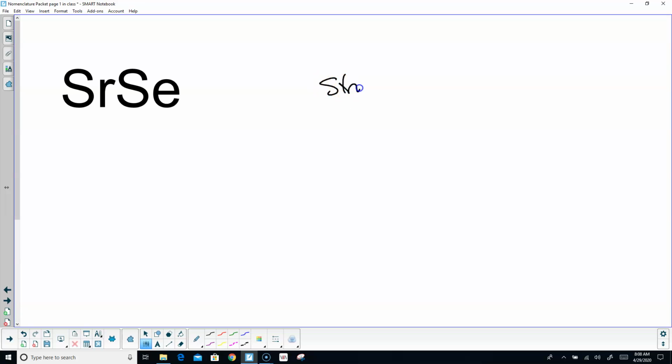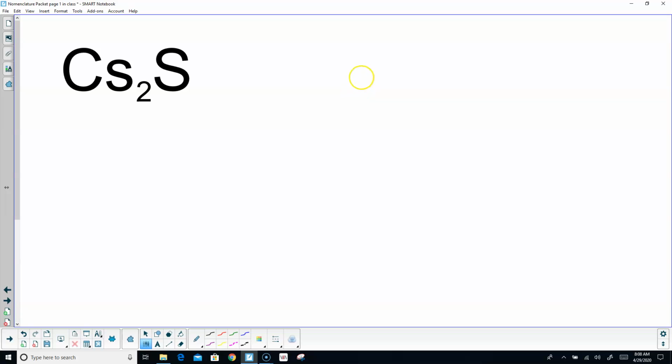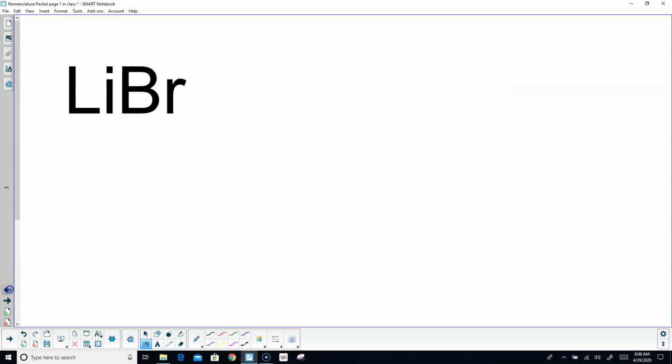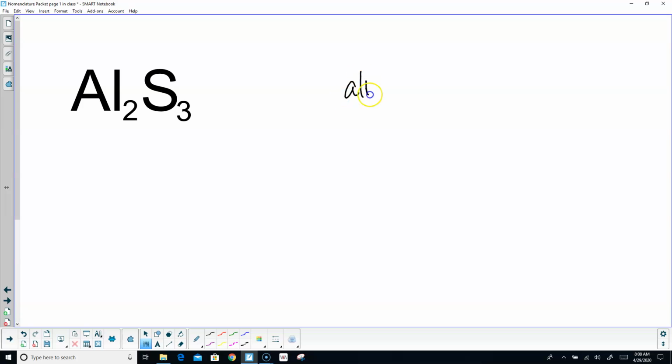SrSe would be strontium selenide. Cesium sulfide. Oops, skipped one there. Aluminum sulfide.